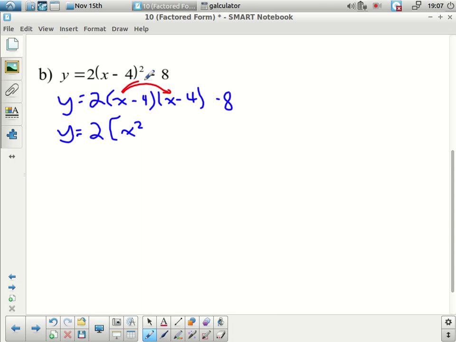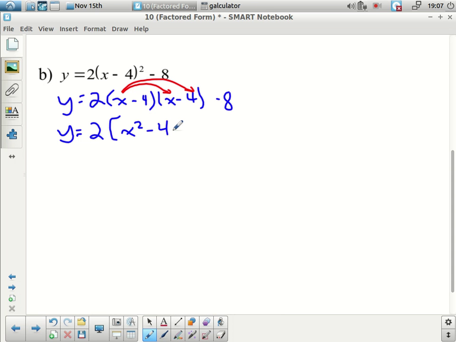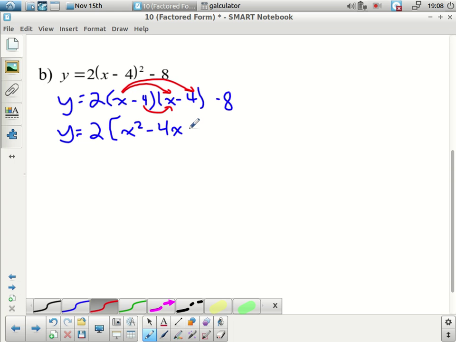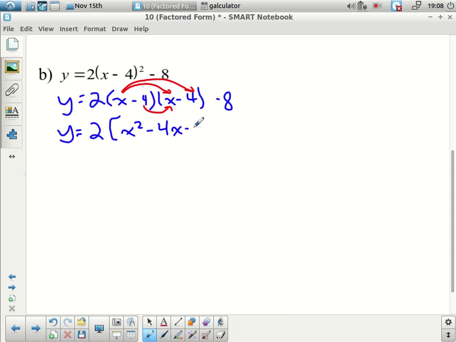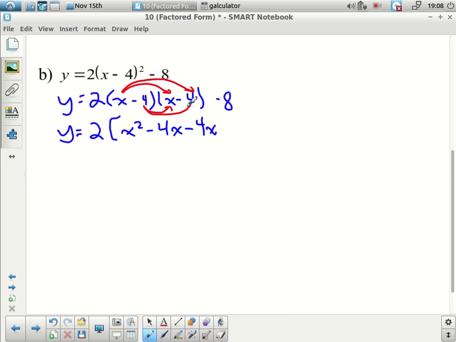Second I have the x times negative 4. So that's subtract 4x. Okay, I have minus 4 again, so minus 4x. And last but not least, I have negative 4 times negative 4, which is positive 16.